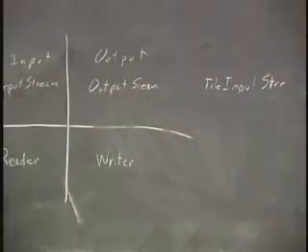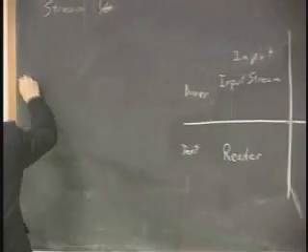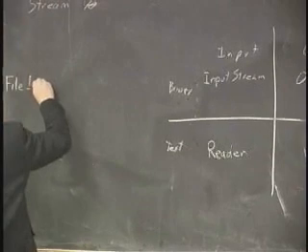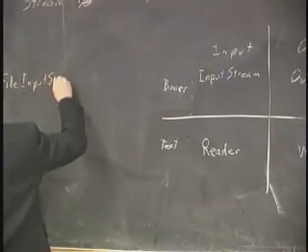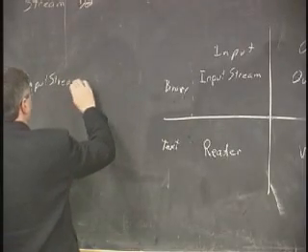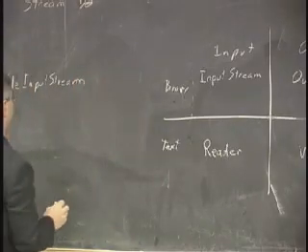This is not going to work, so I'm going to move this. Excuse me. Come over here where I have lots of room. FileInputStream. And these names start to get very long, and the constructors that you have to build start to get very long.